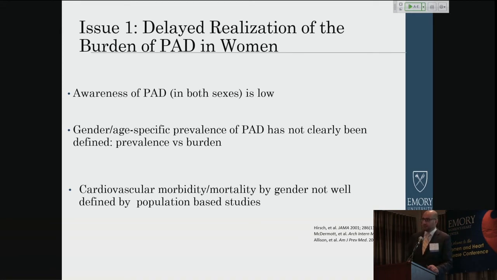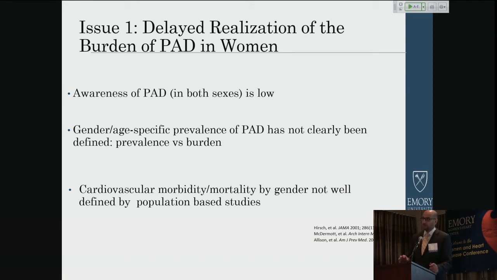And as a result, we've always looked at peripheral arterial disease as a male problem. Until very recently, until the last 10 years or so, we forgot to get out of the vision of looking at patients in their 40s or 50s with peripheral arterial disease, and to look at the whole burden of peripheral arterial disease in the United States and in the world.